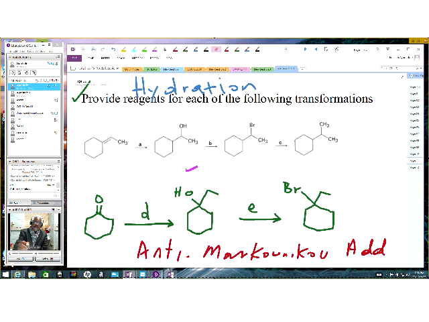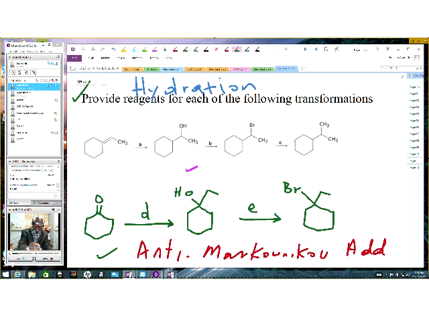Okay, no, not exactly, not hydronium ion. You're almost correct, but that is not exactly correct. Try again. Keep in mind, it is an anti-Markovnikov addition. So what reagent do we need to use here?